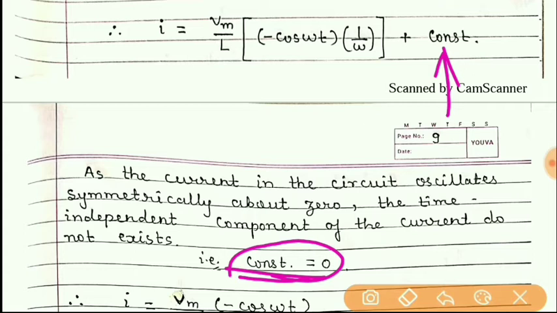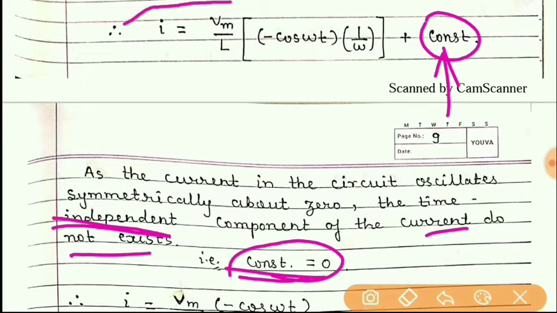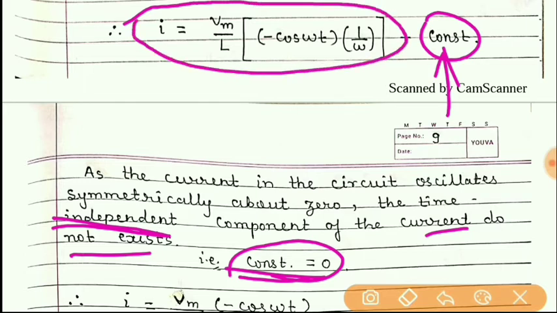It is because the constant term is independent component and it does not change with time, and so this constant is equal to 0. So we have now I is equal to Vm upon L minus cos omega t 1 upon omega.